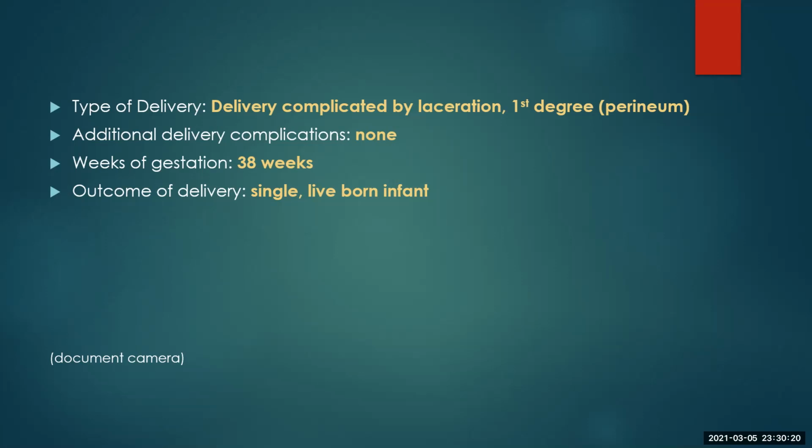Just a normal delivery with some tearing, which is not going to be the medical term. It's still going to be laceration. And then weeks of gestation, we know 38 weeks. So still full term, not going to be a complication there. And the outcome was a single live-born infant.